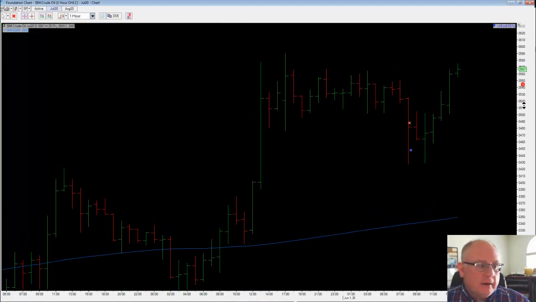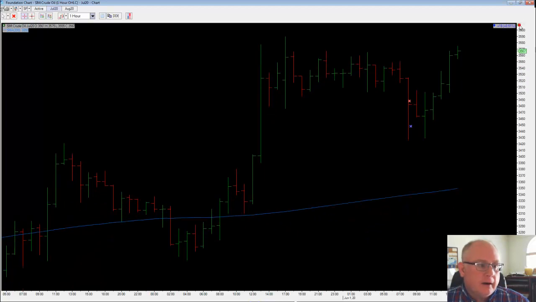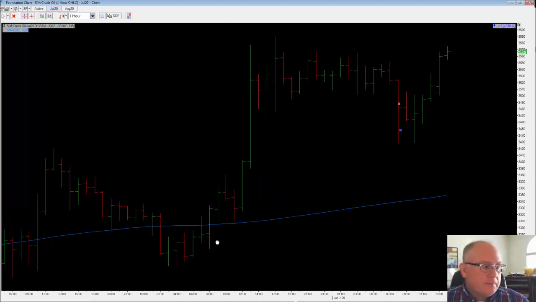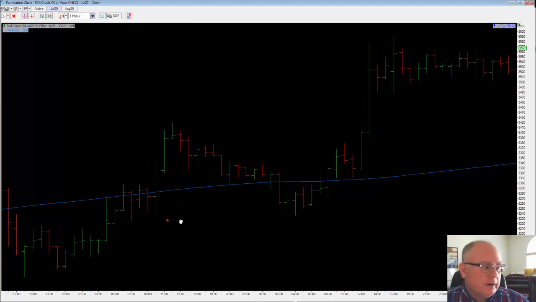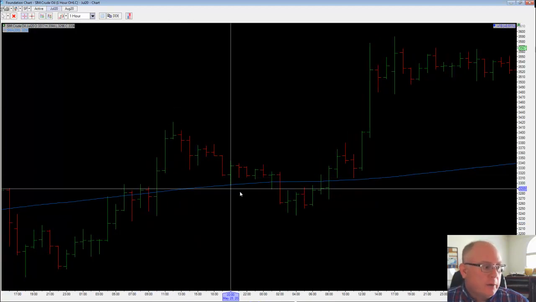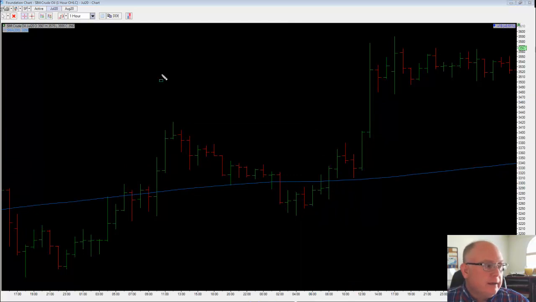All right, and let's hit the A button and see if it auto puts everything in for us. All right. So here's our hourly chart. And if you're looking at this, I want to look at this part and I want to look at this. So when we talk about the bell curve, normal distribution curve, once again, what you're looking at is reverting back to the mean.